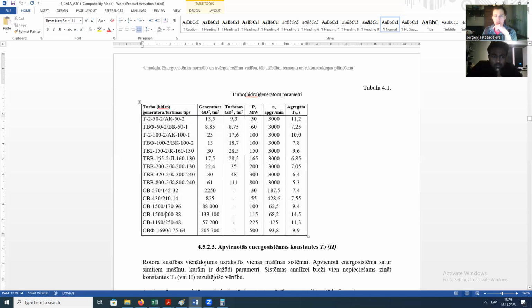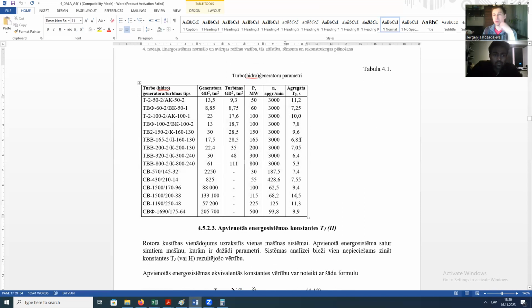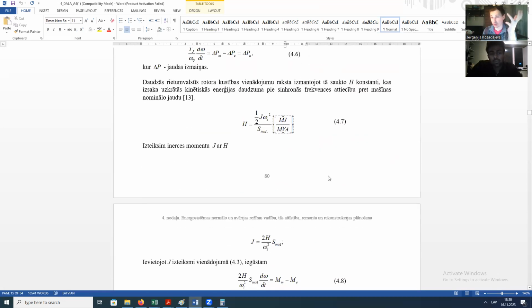That's why these units with these parameters are still reliable and feasible. In this case, we could talk about the inertia in two ways. We represent inertia in seconds, or we represent inertia in energy units.